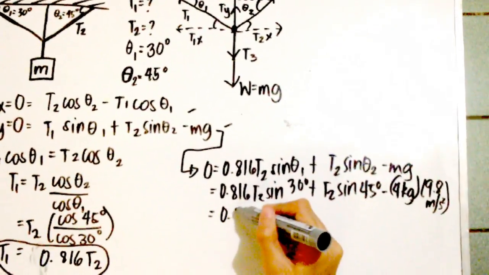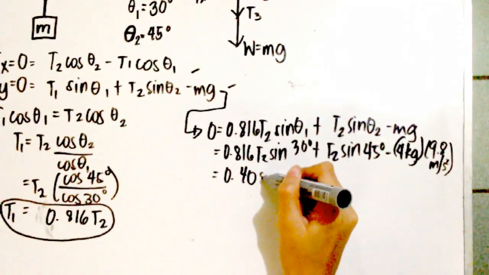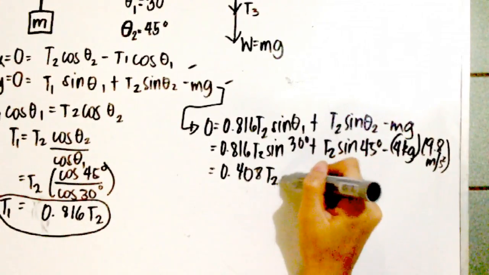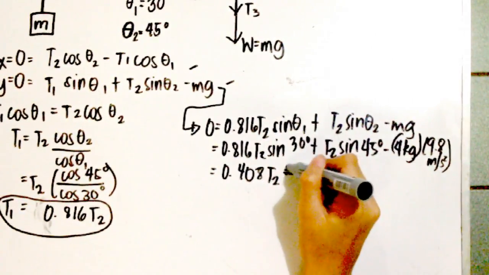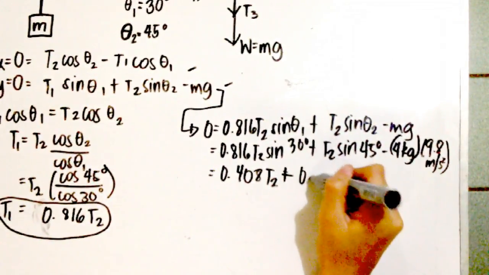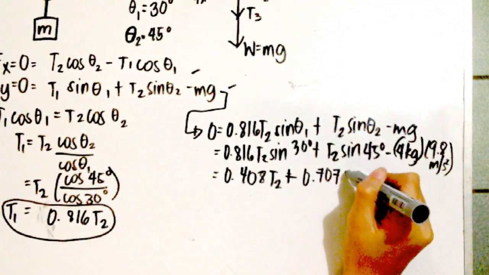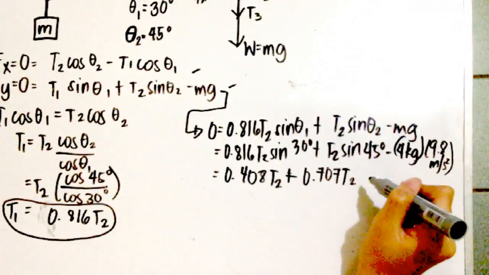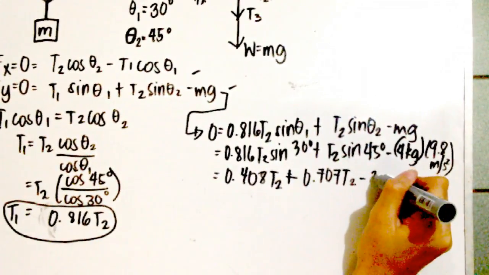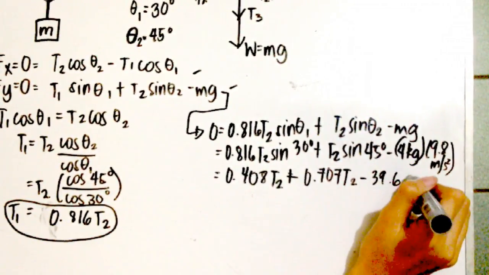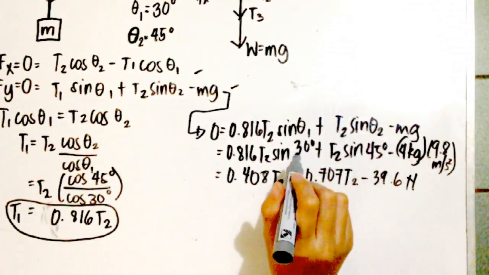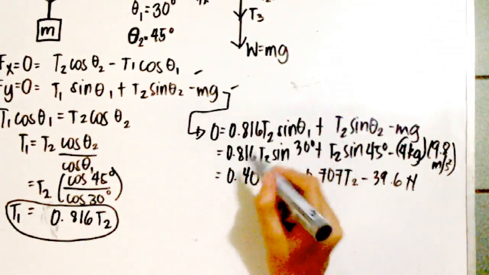Then let's compute it now. Then we'll get 0.408 T2 plus 0.707 T2 minus the product of the mass times gravity, which is 39.6 Newton.